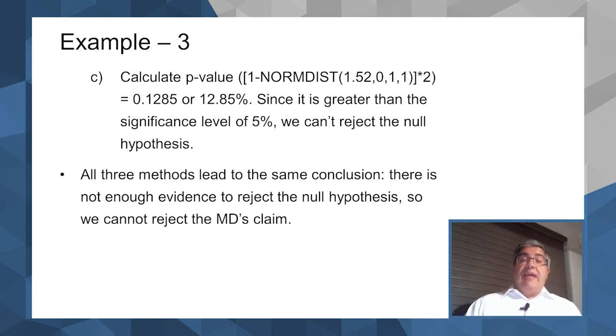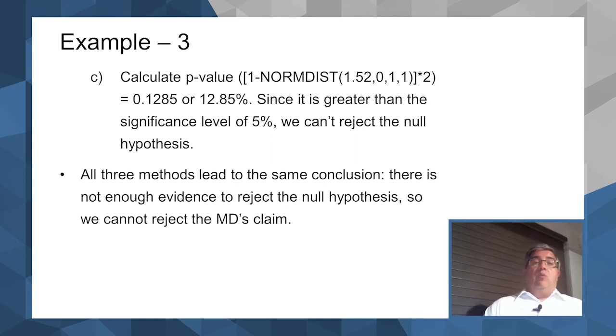Now, don't forget, NORM.DIST uses the standard normal distribution. So 1.52 is the z-score we just calculated, 0 is the mean, and 1 is the standard deviation, because a standard normal distribution has a mean of 0 and a standard deviation of 1. And the final one is to indicate that we want the cumulative value.